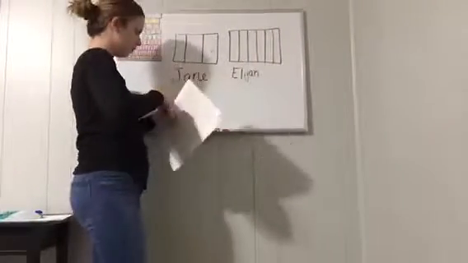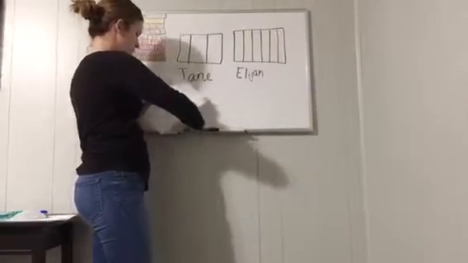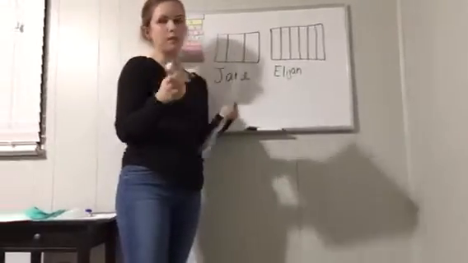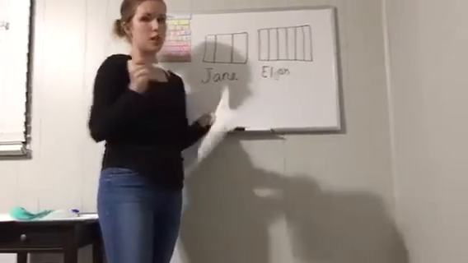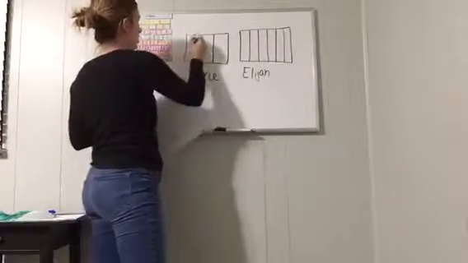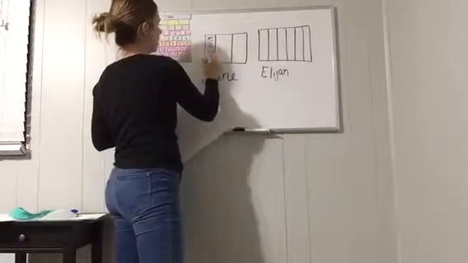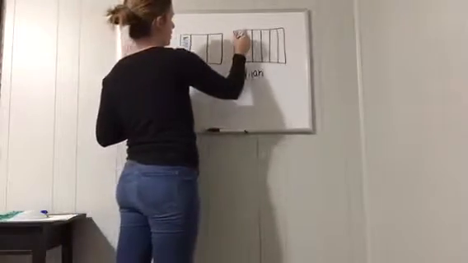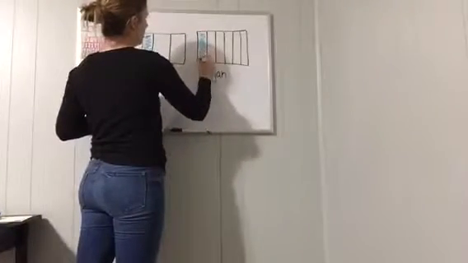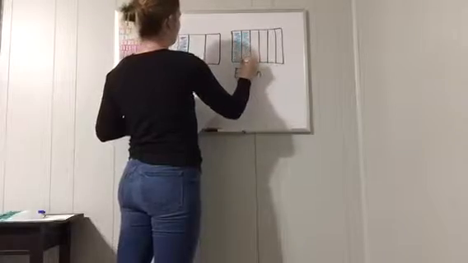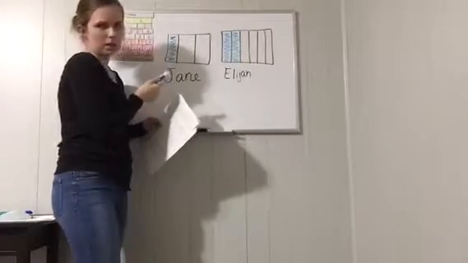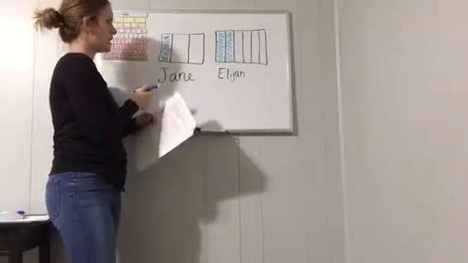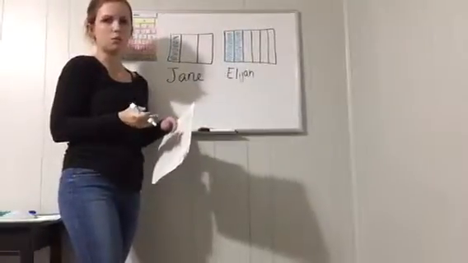I would then ask the students how many pieces I should shade in for Jane since she ate 1/3, and they would say 1, and then I'd ask them for Elijah, and he ate 2/6. Like this, it might be a little difficult for students to see who ate more, less, or equal.